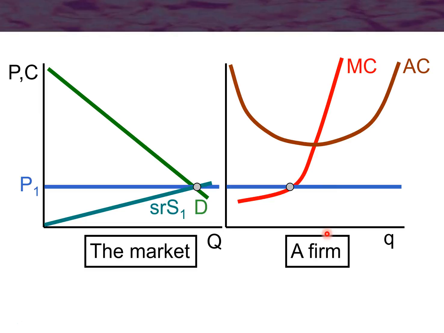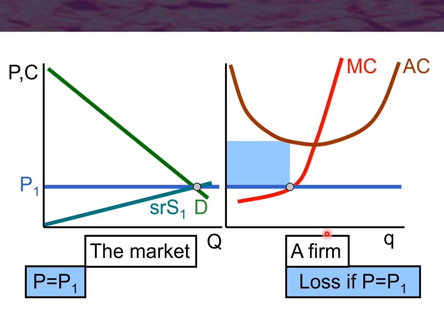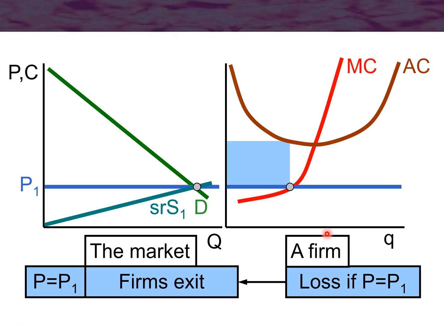Now, some firms are not going to like this, and they're going to leave the market. When they leave the market, they take supply with them, and it's going to shift the market supply curve to the left. Watch. Firms exit. See how the supply curve is shifted to the left? And now that sets a new market price, which is a little bit higher, and the loss is a little smaller.